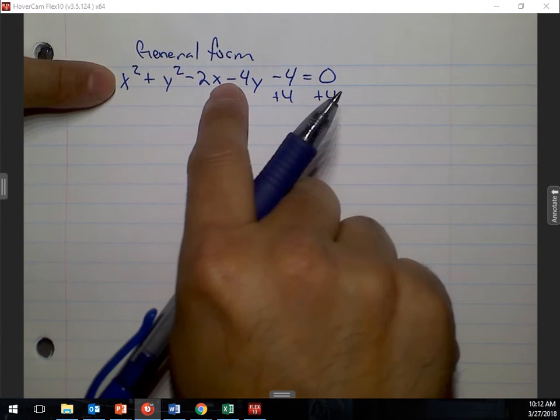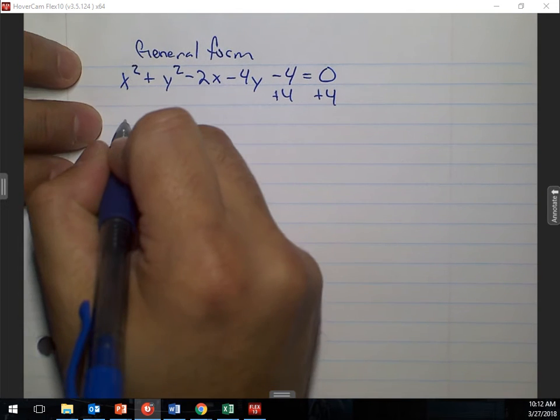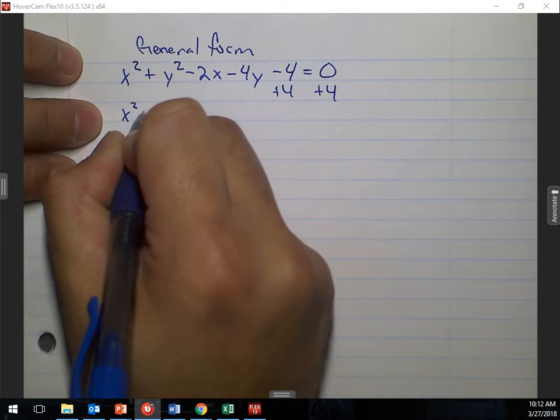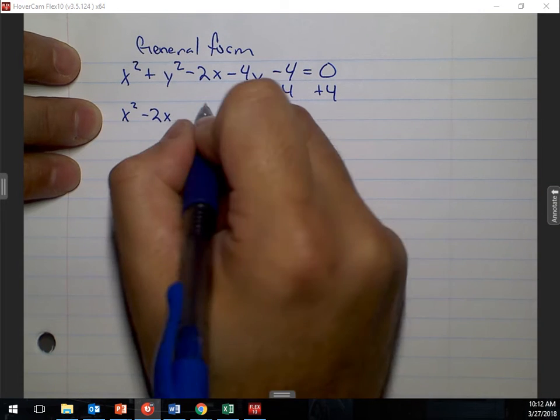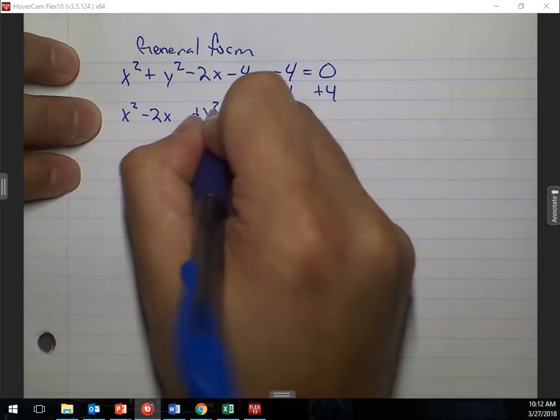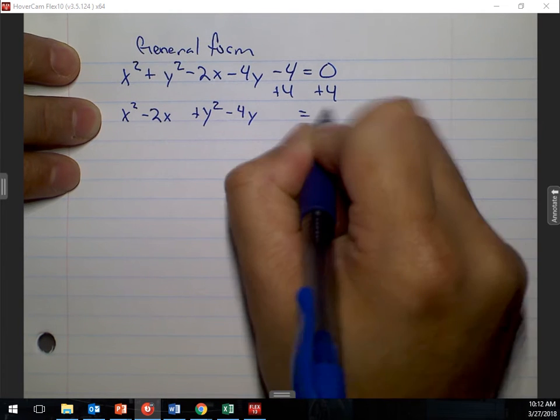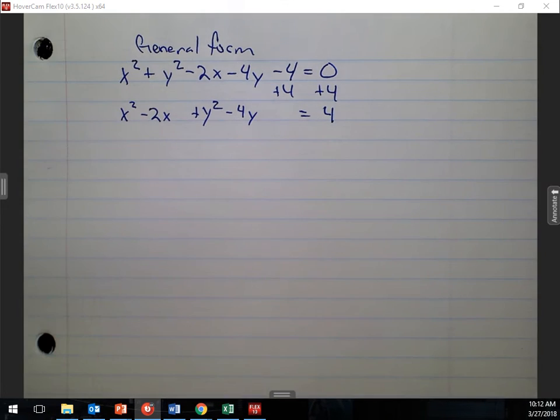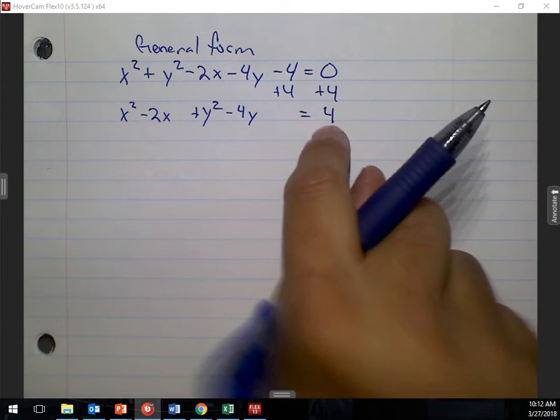I'm going to put my x's together and my y's together. So I'm going to have x squared minus 2x plus y squared minus 4y equals 4. Okay, because over here I added 4 to both sides to put this over here.